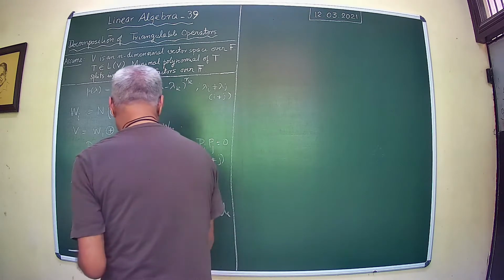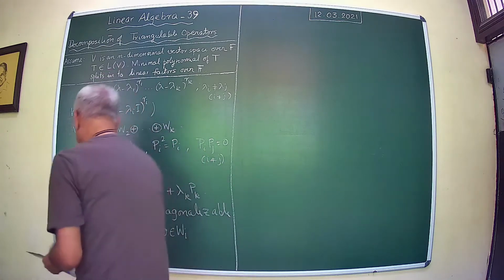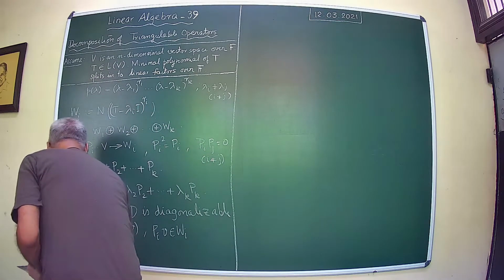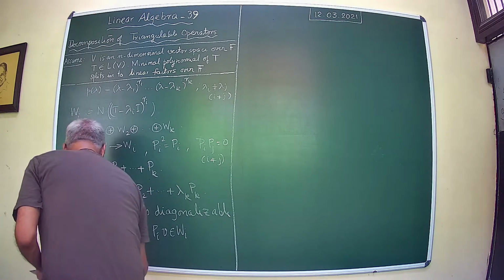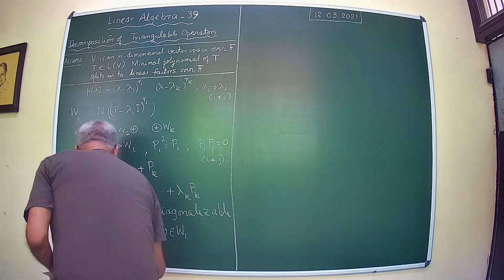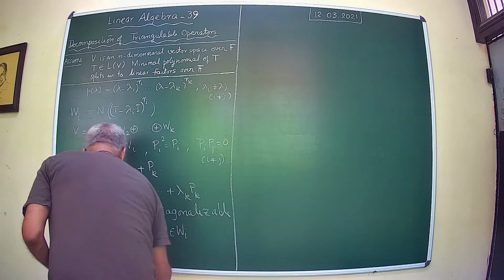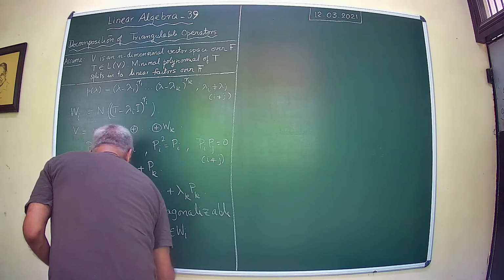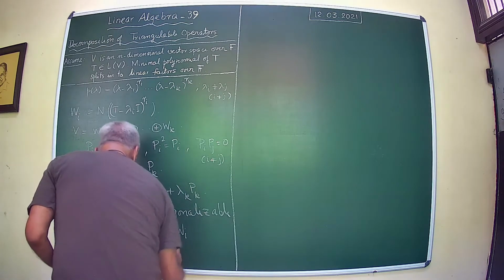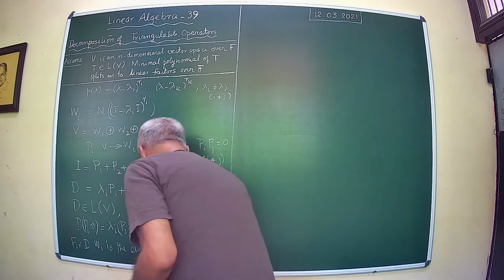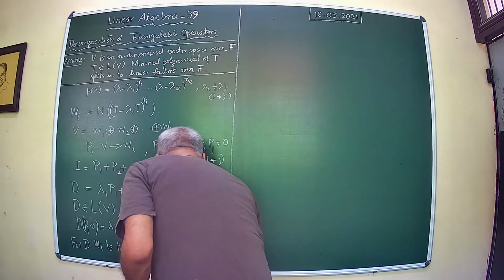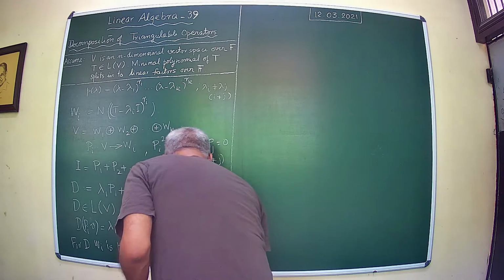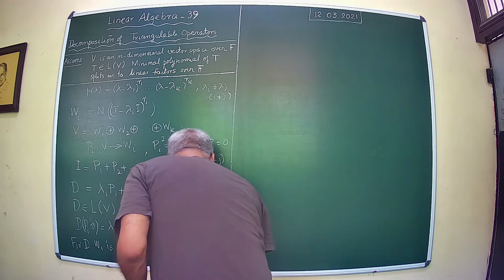So you see, this means for D, Wi is the eigenspace belonging to lambda i.